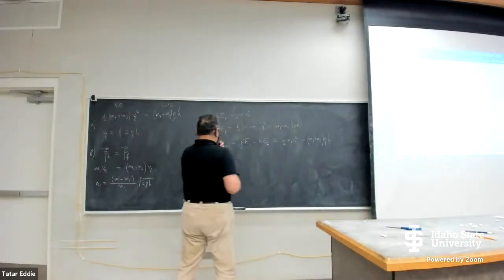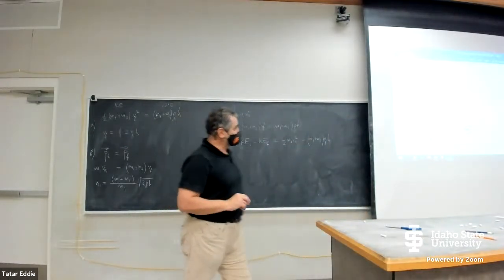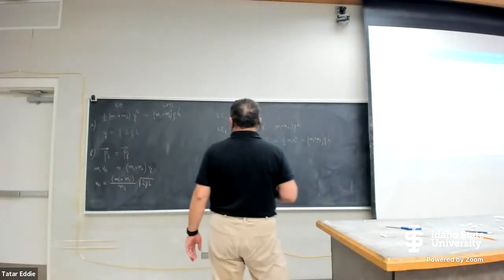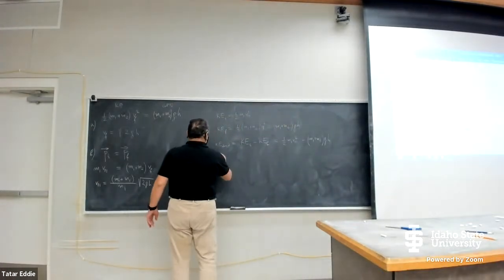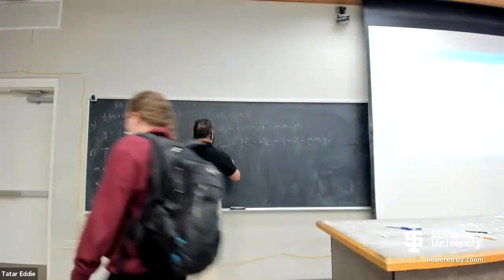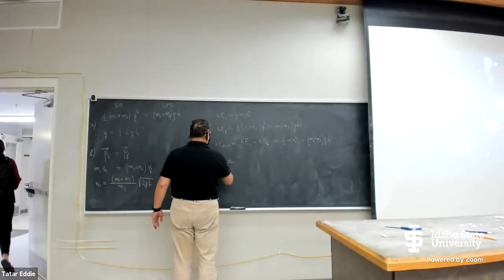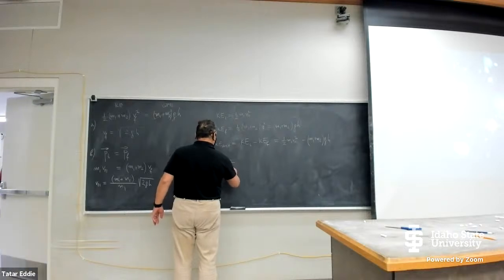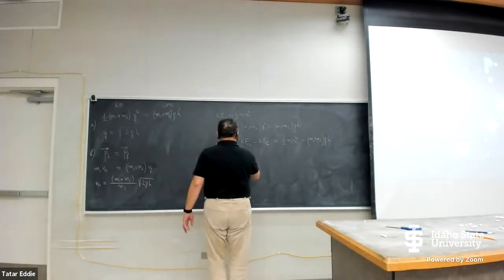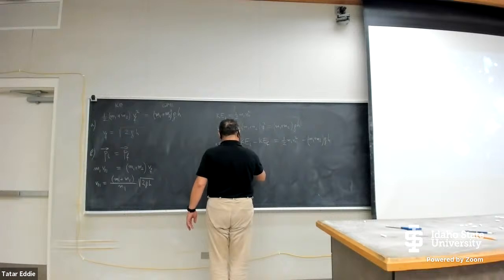And they're asking us to find the percentage that is lost. So they're asking us to find kinetic energy lost divided by initial kinetic energy, multiplied by 100%.